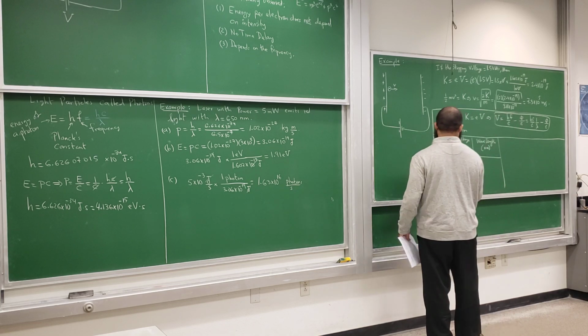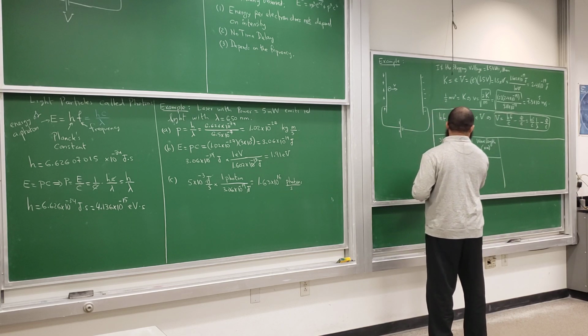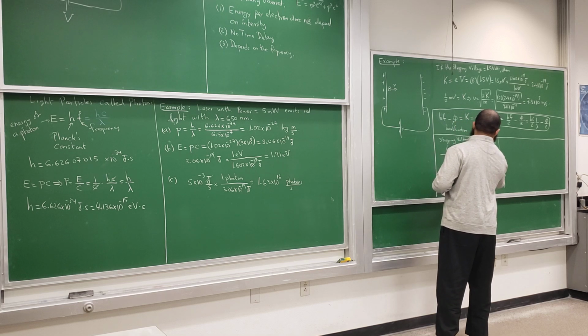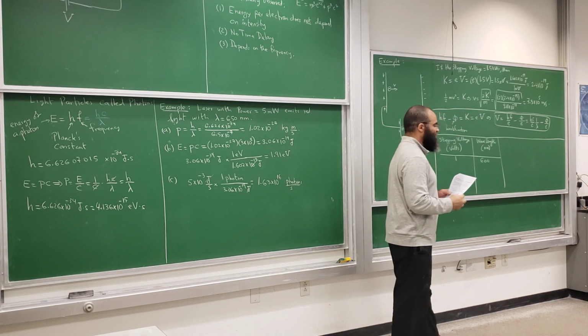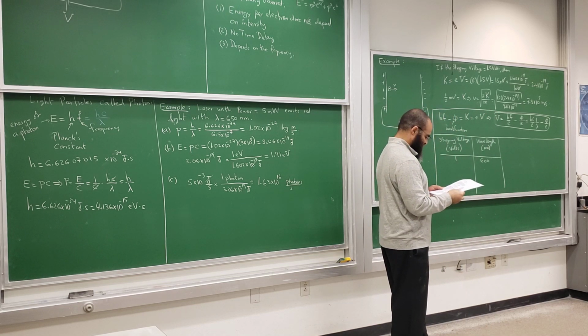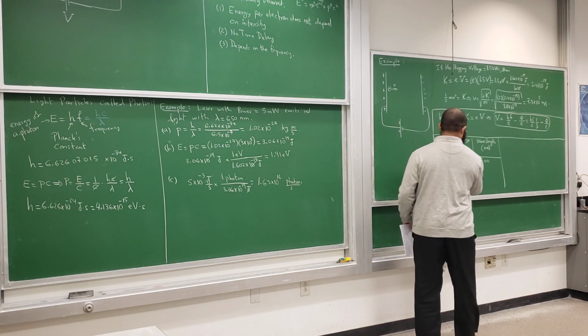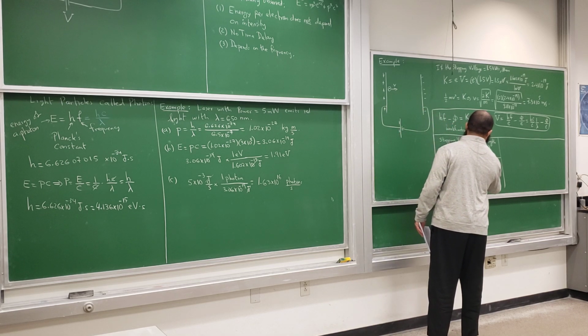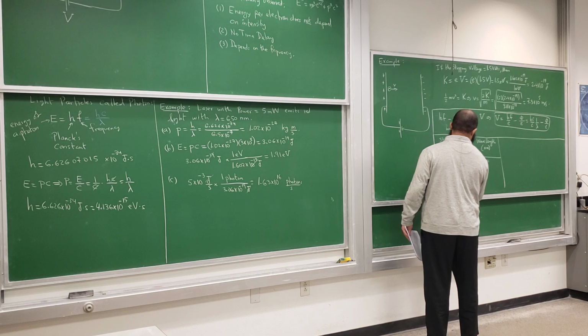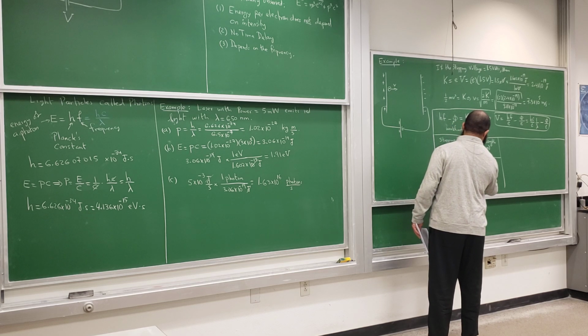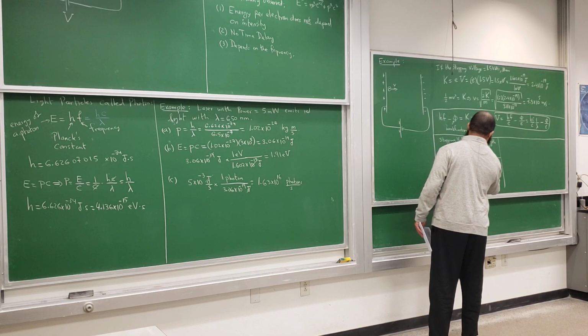Here are the data that you get. 1 volt is needed if the wavelength is 600 nanometers. 2 volts are needed if the wavelength is 400. 3 volts are needed if the wavelength is 300.